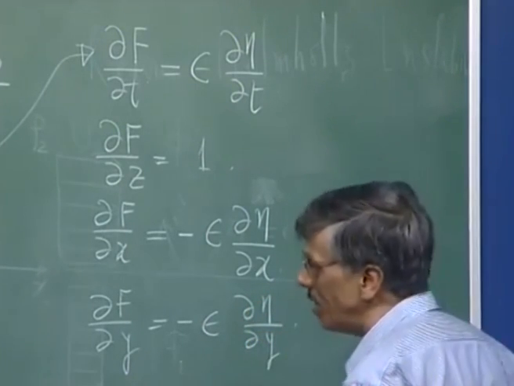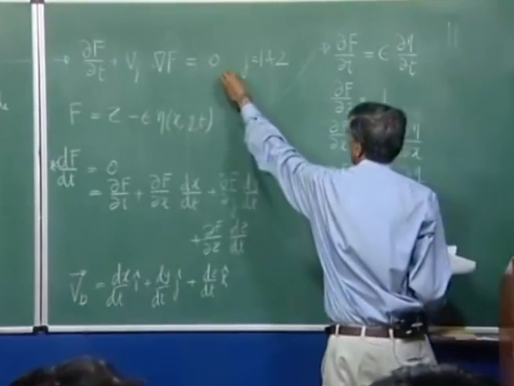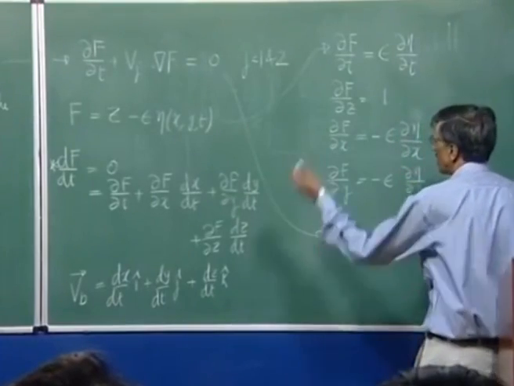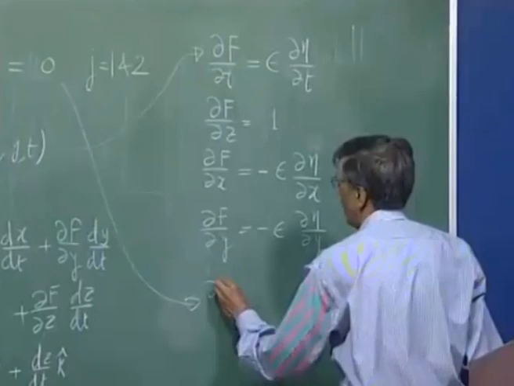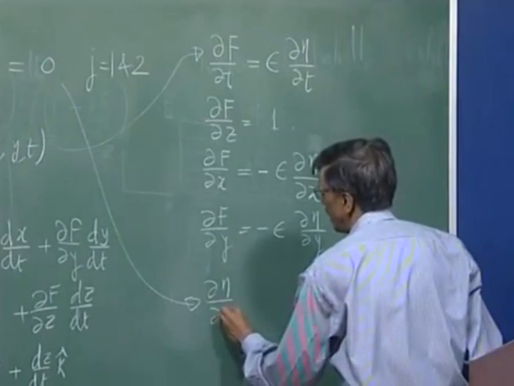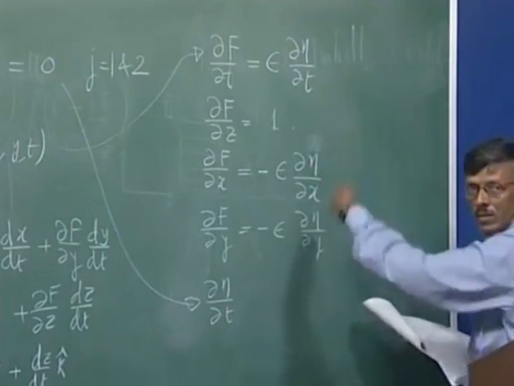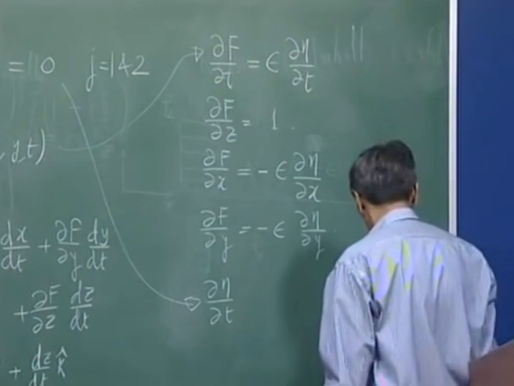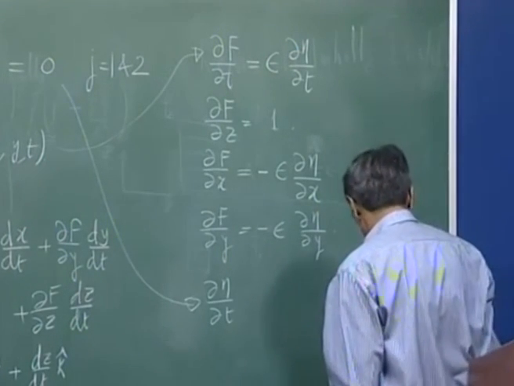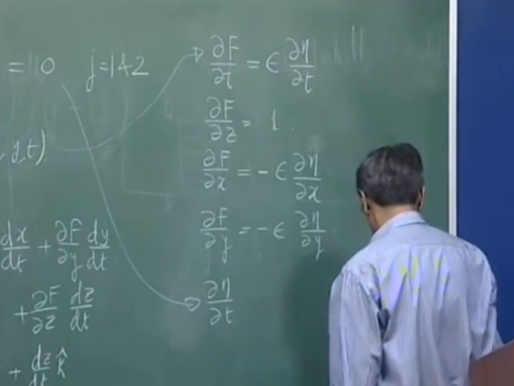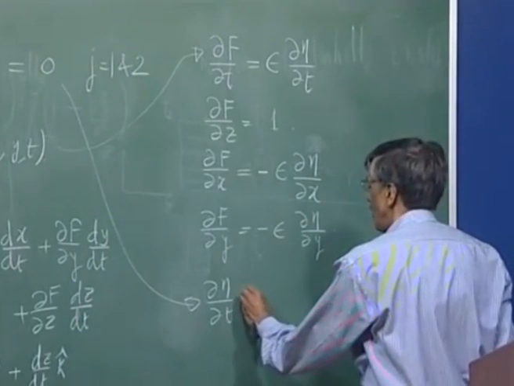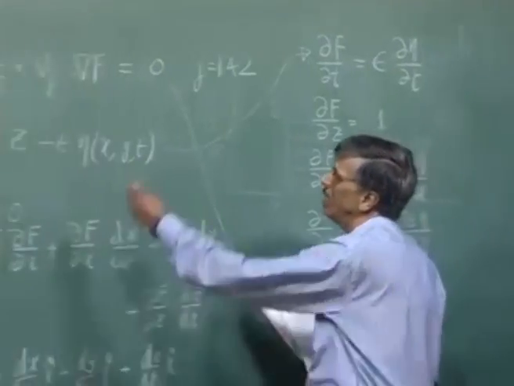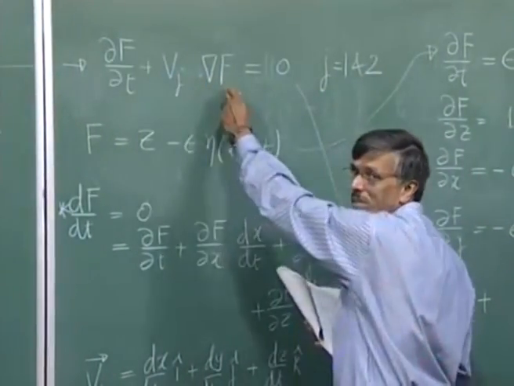So, basically this condition would be what? The first quantity is del eta del t. I am going to cancel epsilon everywhere. Then I will get the u component of velocity times del f del x.